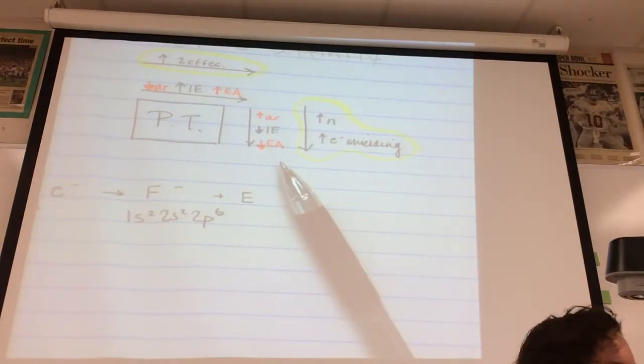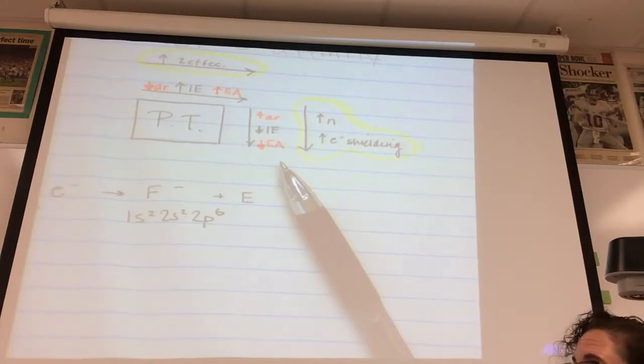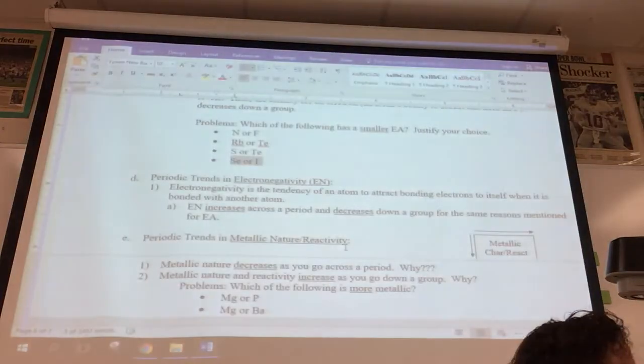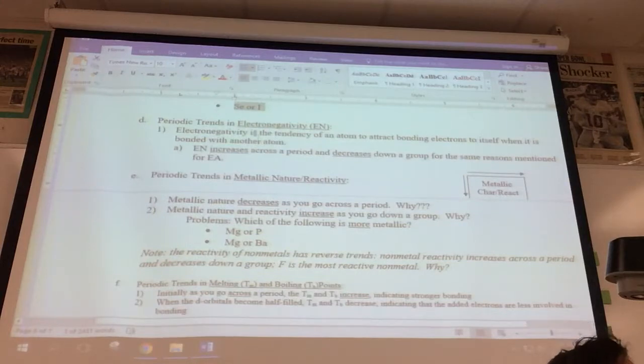The other trends I'm going to mention here we'll go through. I won't ask you to explain these, but you do want to feel comfortable with these trends, and you will see some additional problems that you should solve over the weekend in your classwork. The next trend I'll mention briefly is electronegativity.